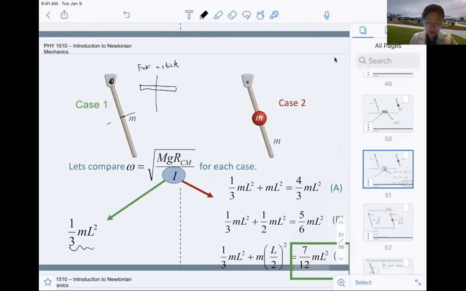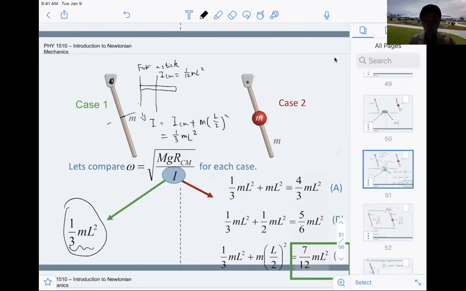If you're rotating relative to the center, the I center of mass is 1/12 ml squared. But if you rotate toward one end, we had said using the parallel axis theorem, you simply add the original I plus m times the distance between these two axes squared, which is L over 2 squared. So overall, they become 1/3 ml squared. So we're going to use this for the I for case one.